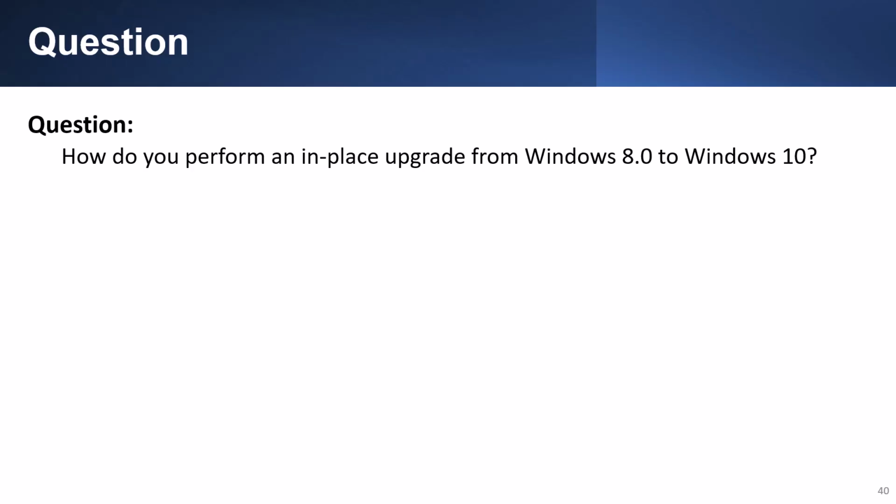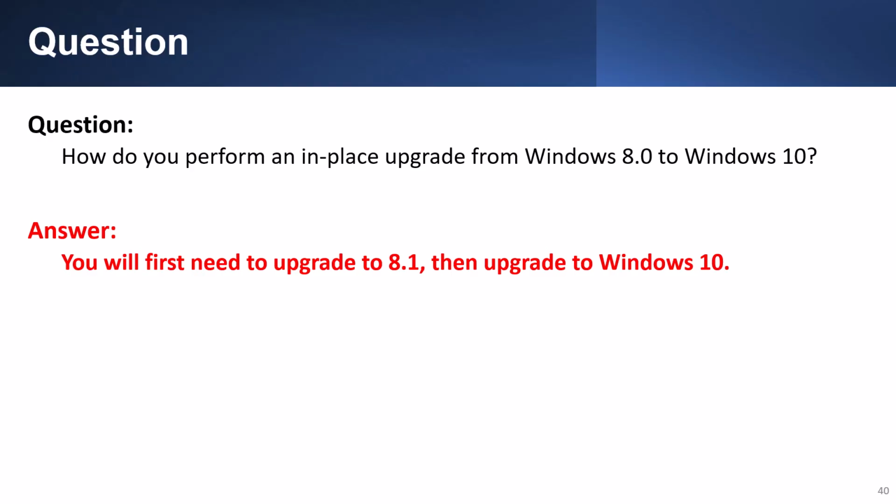Question: how do you perform an in place upgrade from Windows 8.0 to Windows 10? Answer: you'll first need to upgrade to 8.1, then upgrade to Windows 10.